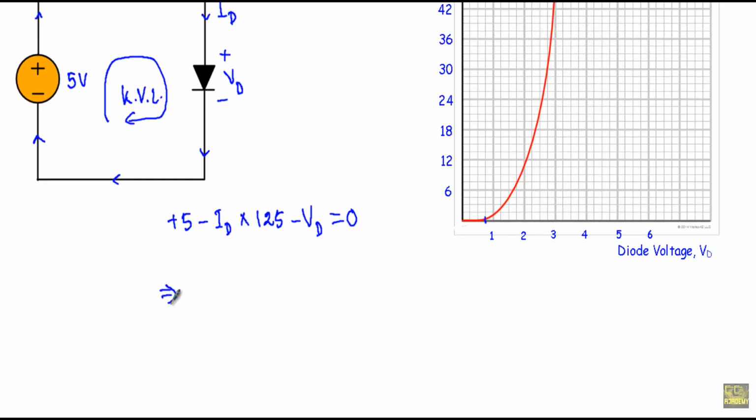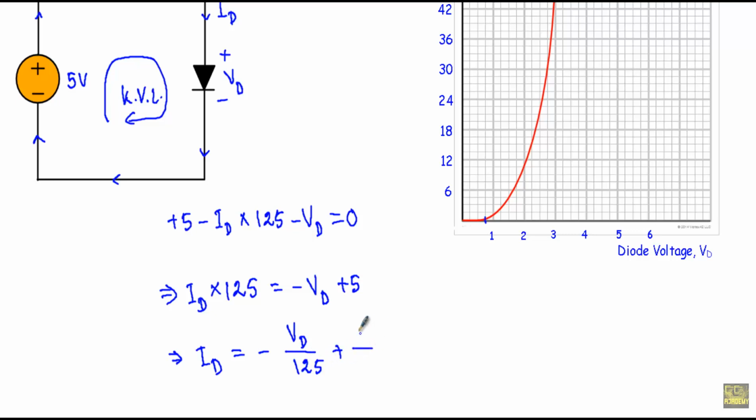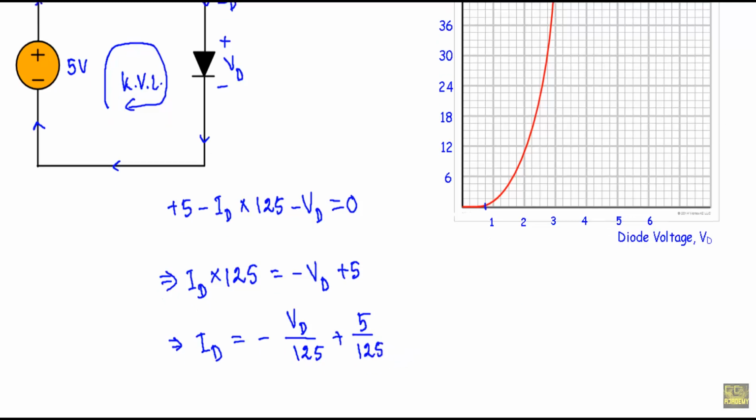From which I can write ID into 125 equal to minus VD plus 5, from which I can write ID equal to minus VD divided by 125 plus 5 divided by 125.